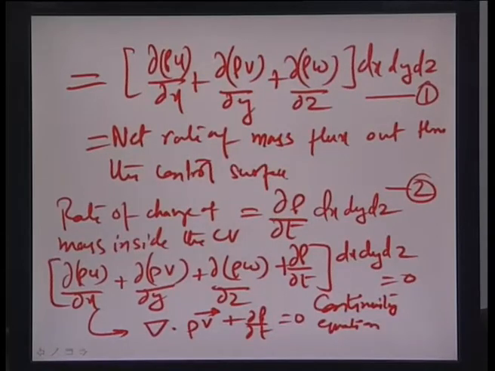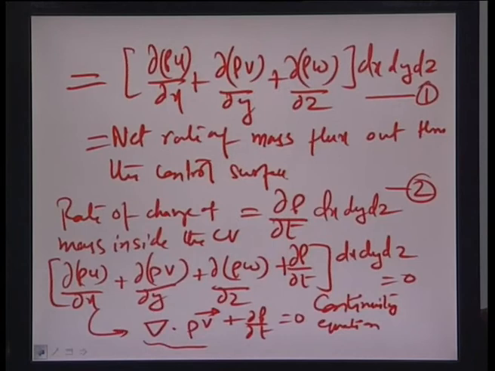Typically for an incompressible flow, what we would be left with is just this term: del dot, or the grad vector dot rho v vector.